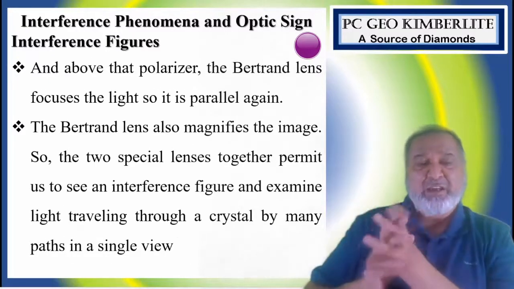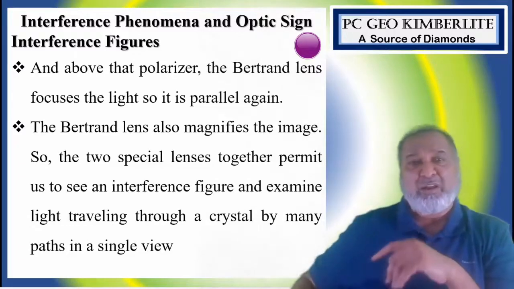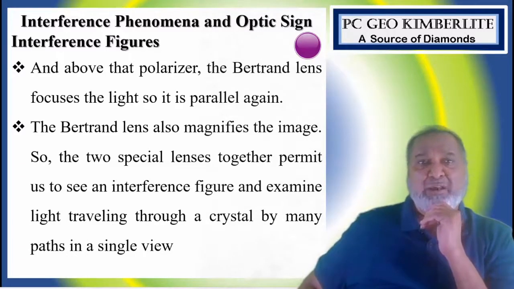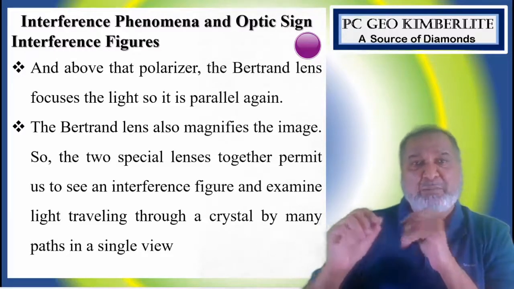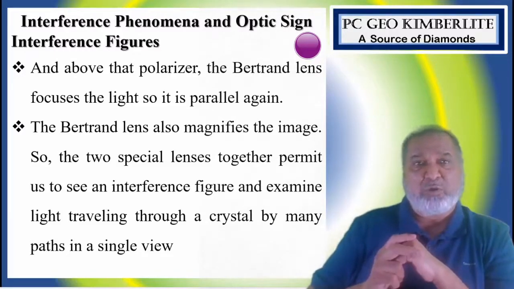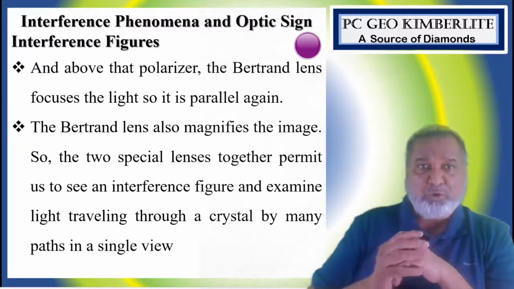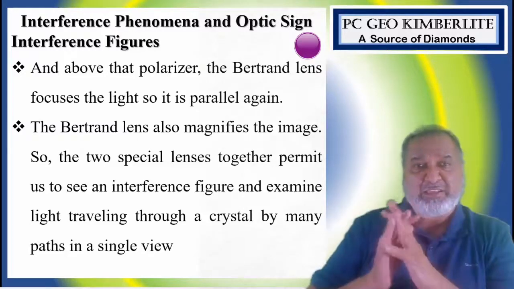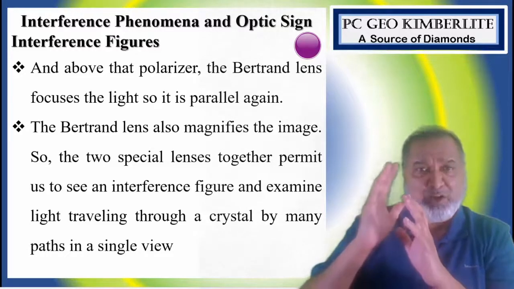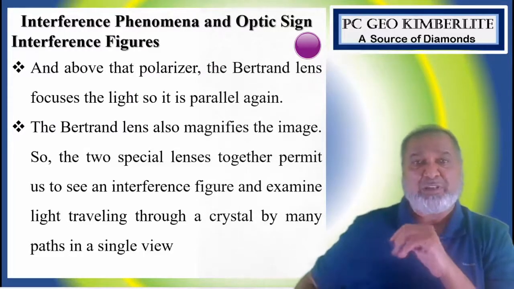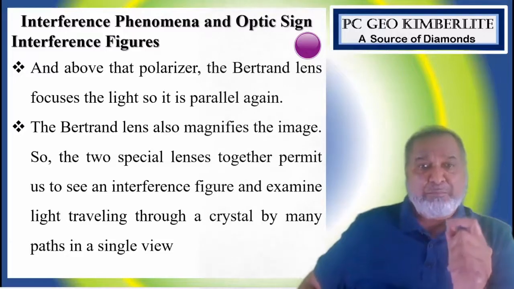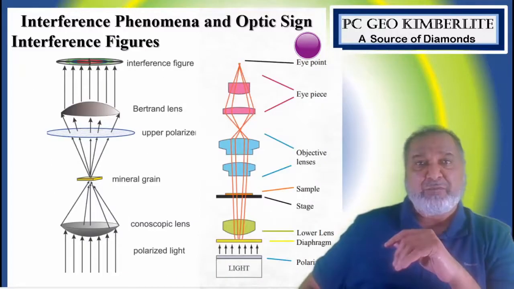That is very important to how they act. Above that polarizer, the Bertrand lens focuses the light so it is parallel again. The Bertrand lens also magnifies the image, so the two special lenses together permit us to see the interference figure and examine the light traveling through a crystal by many paths in a single view.